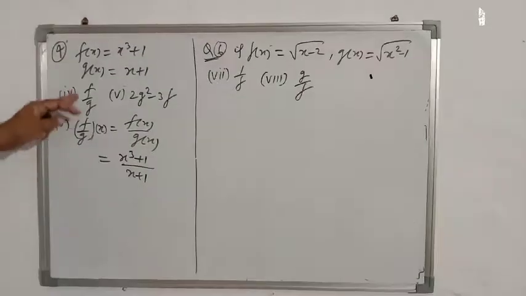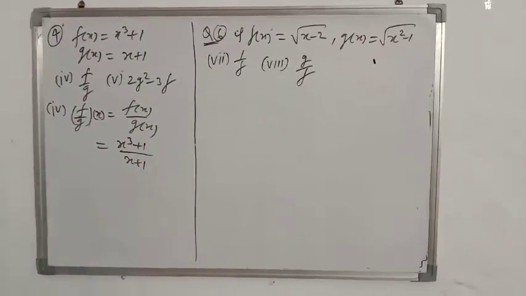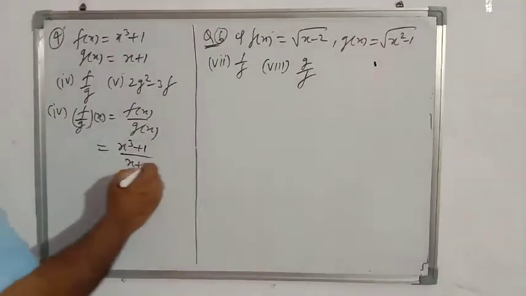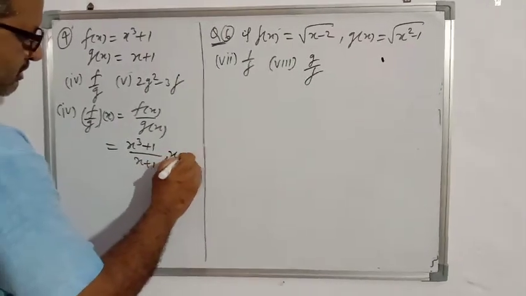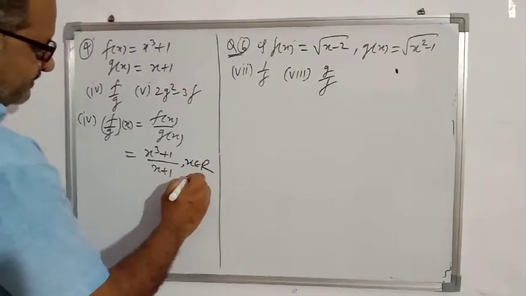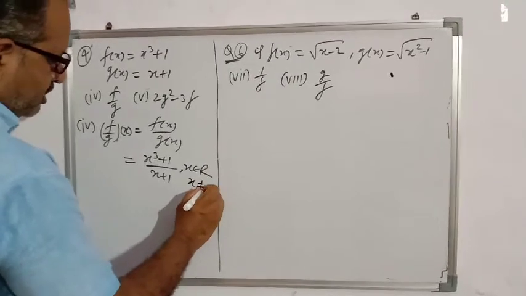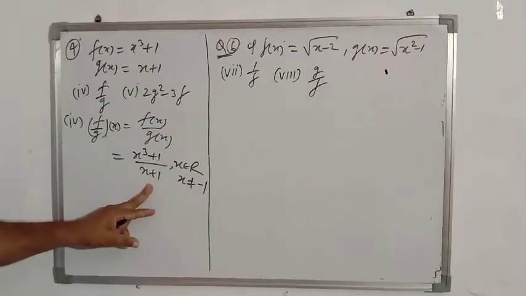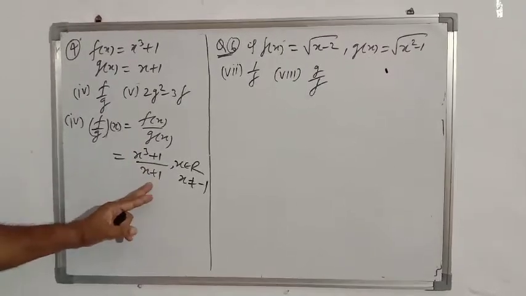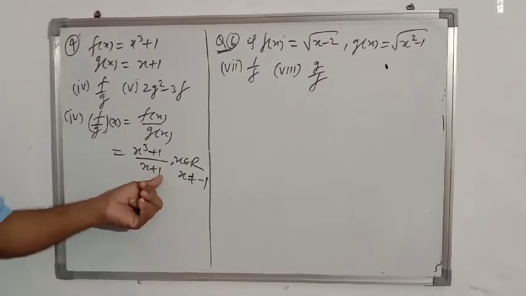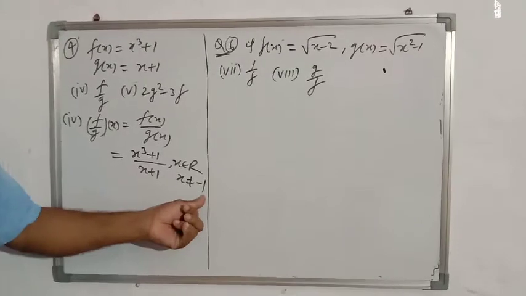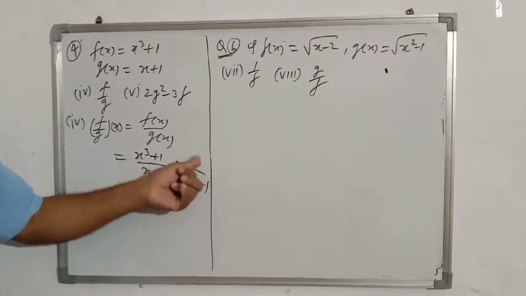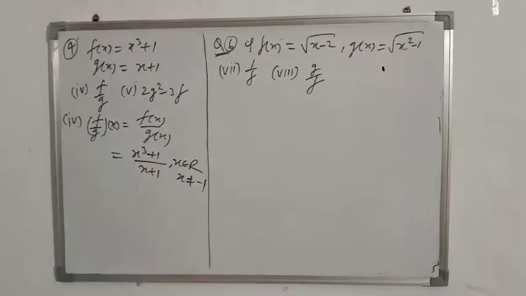So the value of f by g is x cube plus 1 upon x plus 1 for all real numbers x but x not equal to minus 1. x plus 1 cannot be 0, otherwise it will become undefined. So x plus 1 not equal to 0 means x not equal to minus 1.